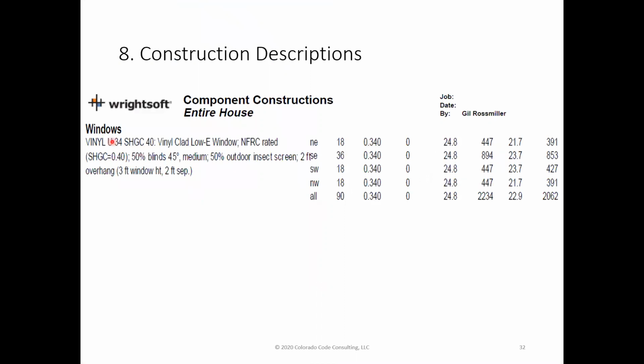U value, solar heat gain coefficient, vinyl clad low-E windows, NFRC rated, solar heat gain of 0.4, 50% blinds, 45 degrees, medium color, and the insect screen. This one has a 2-foot overhang with a 3-foot window height and a 2-foot separation. What that means is that the window's 3 feet tall, and from the top of the window to the bottom of the soffit is 2 feet, okay?